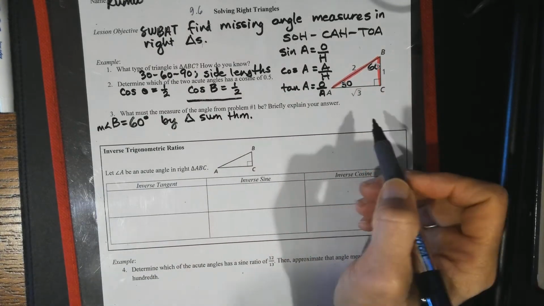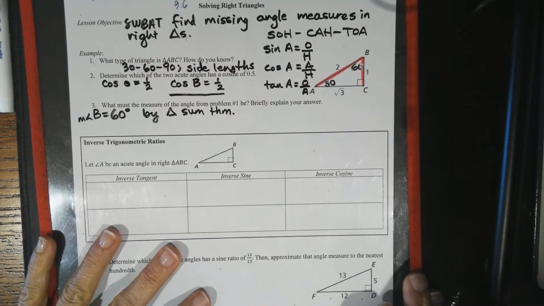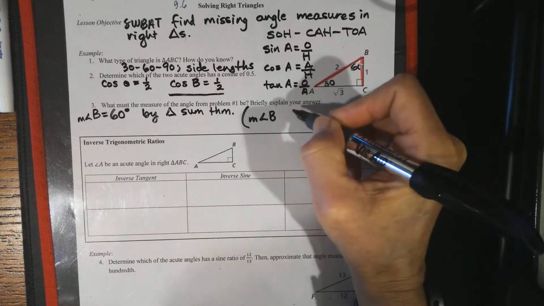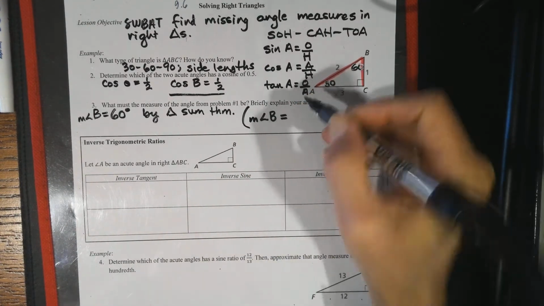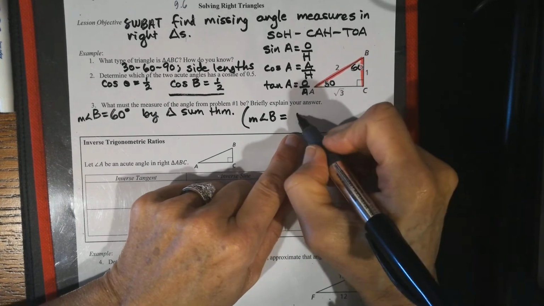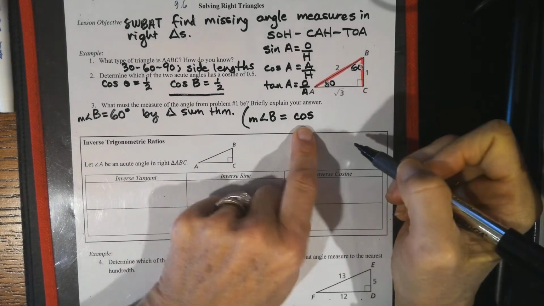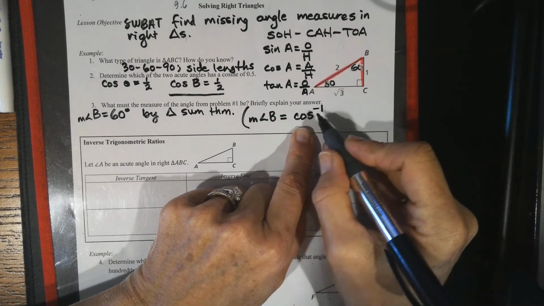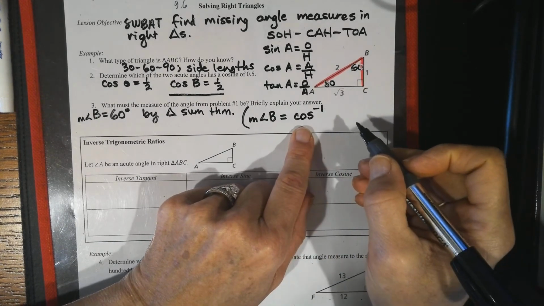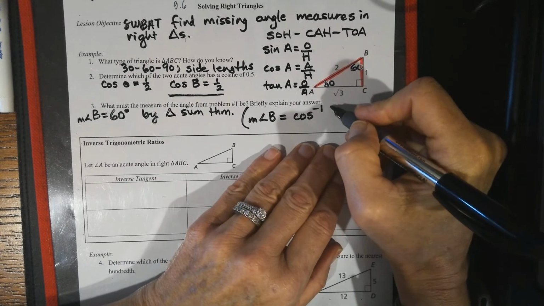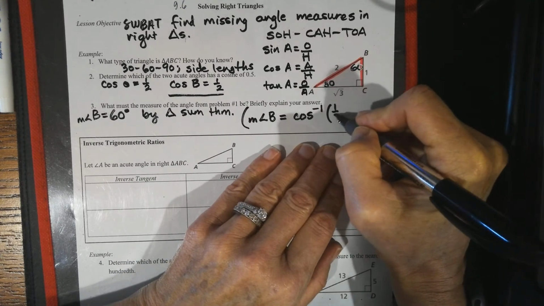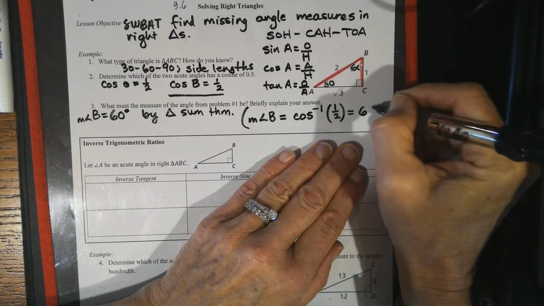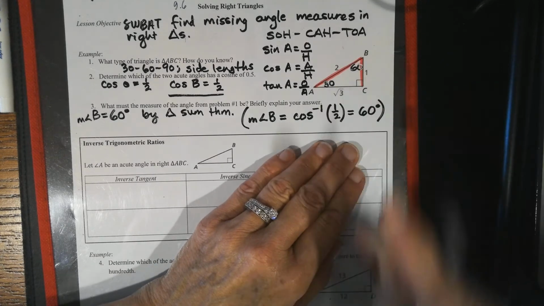And I want you to add this in parentheses. You'll understand why in just a second. So the measure of angle B is equal to cosine, and then you're going to put a little -1 power up here. It's like an exponent, though it's not. Then in parentheses, you put 1/2, and equals 60 degrees.